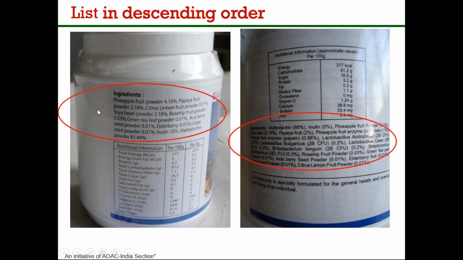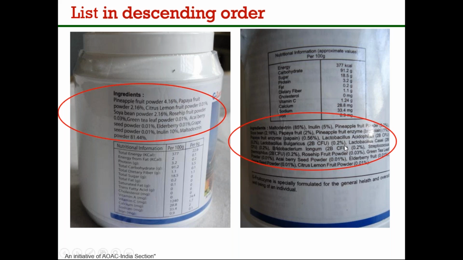So now if you look at the label on the left hand side, you see that this contravenes the law because the ingredients in this are not in descending order. We have inulin, which is 10% here, and maltodextrin, which is 81% here. As per the law, they should be written in descending order.